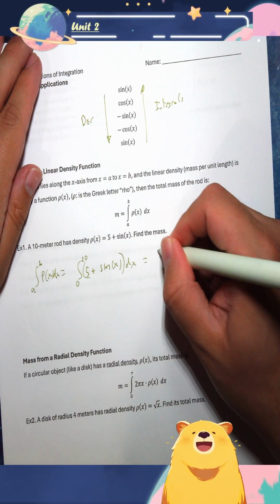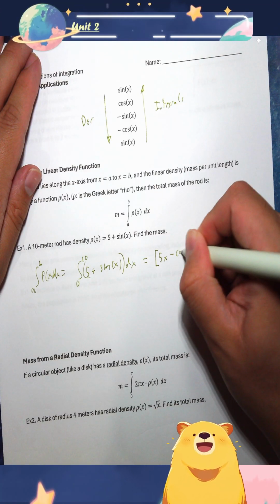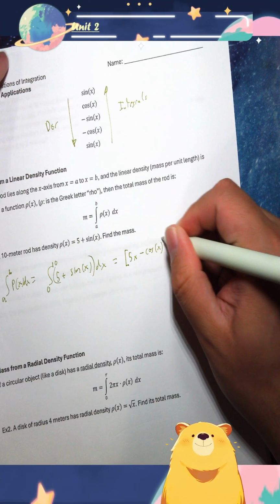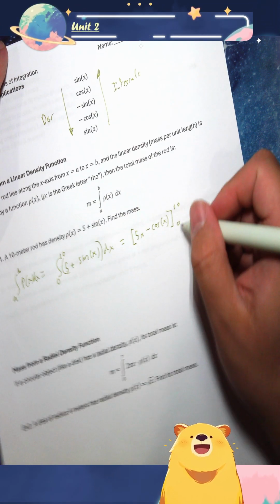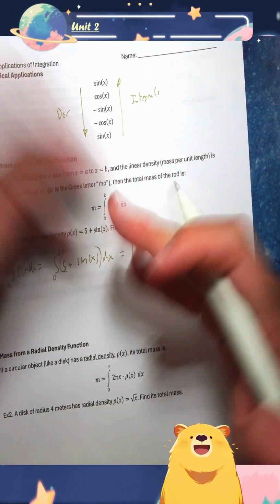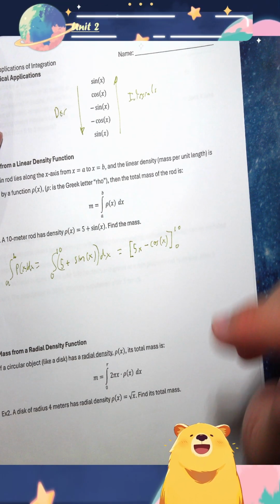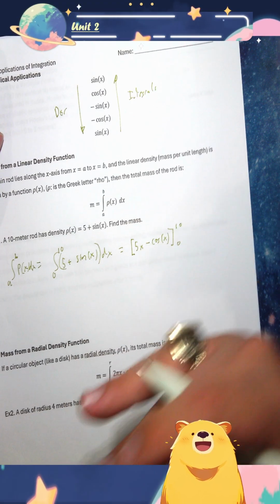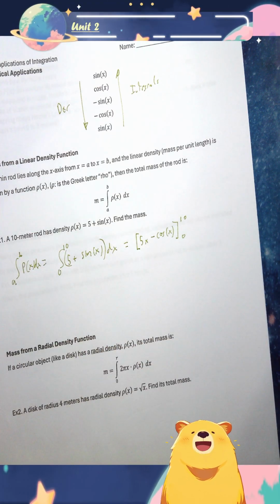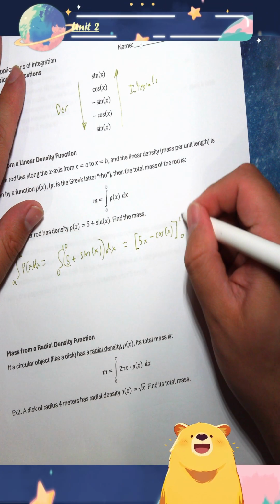We do this integral, and we get 5x minus cosine of x from 0 to 10. I'm going to take advantage of the fact that 0 will just, actually wait, we don't know that obviously yet. So let me go ahead and actually do it. Now I'm looking at it, we definitely can make that mistake. It's a habit from the polynomials.